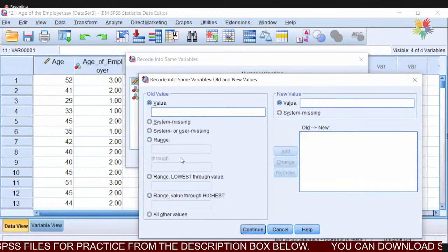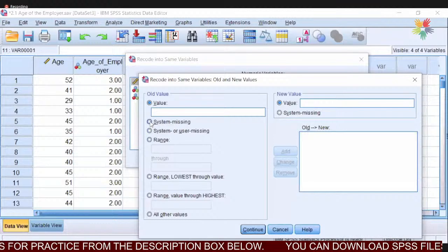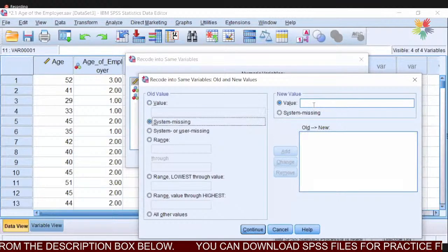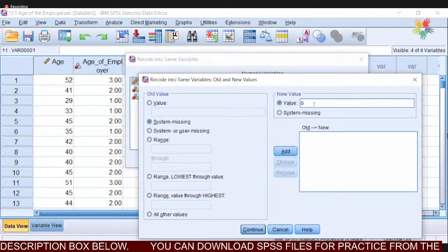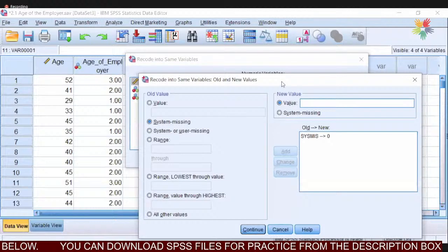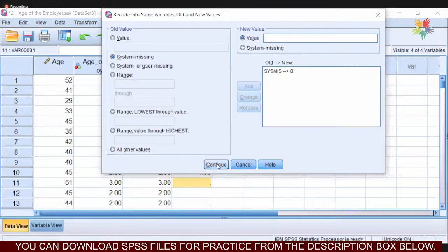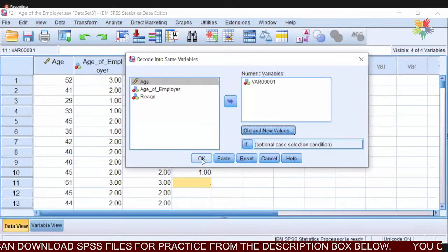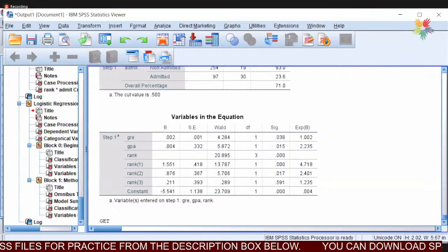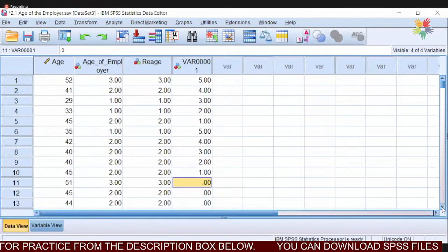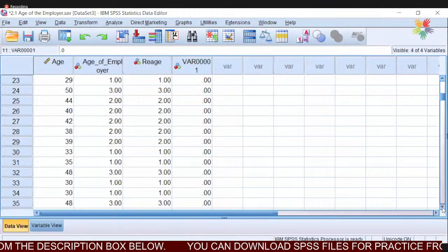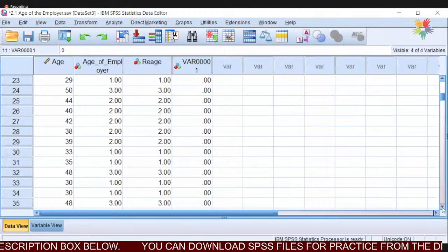Now when it is system missing, I have to put the new value as 0. When the old value is system missing, new value 0. If you continue and say okay, now all the values you can see are 0. All are 0.